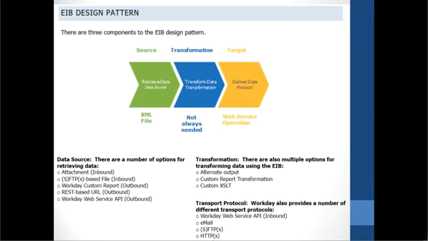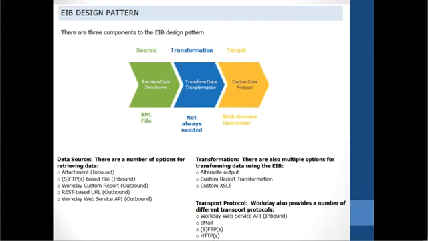Whereas in the outbound, I have Workday custom report, REST-based URL, and Workday web service API. These are the options that I have. And transformation is like tweaking the data, guys. The word transformation means you're just manipulating the data according to your need, which is delivered. So that is the transformation.